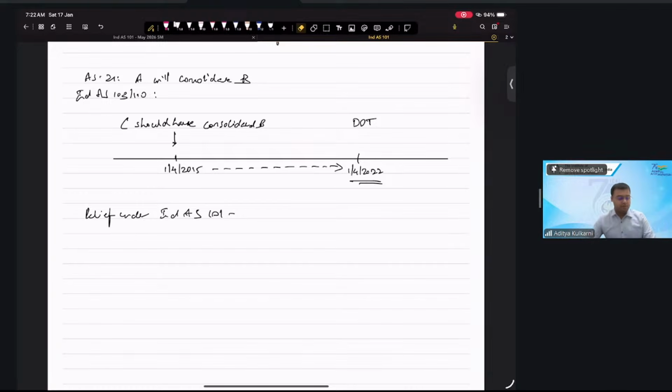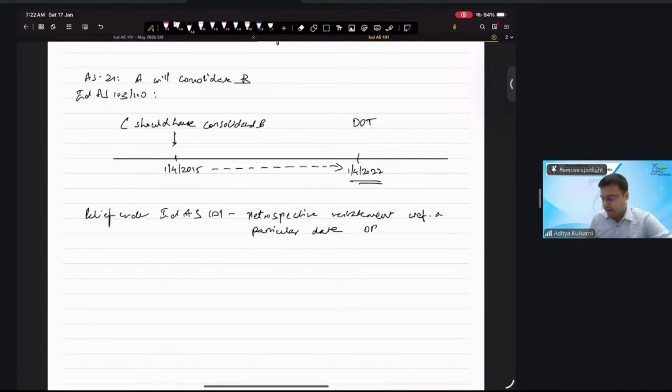So therefore, retrospective restatement with effect from a particular date.